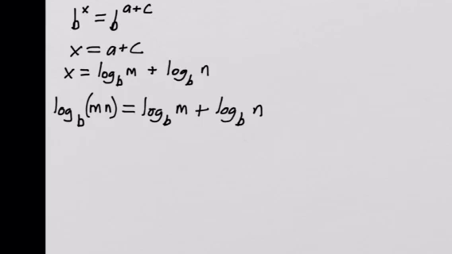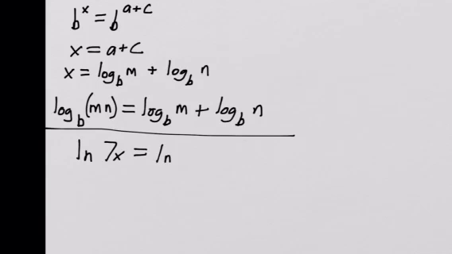And now, of course, we can use that to say, for example, the natural log of 7x is going to equal the natural log of 7 plus the natural log of x. And of course, we could do it the other way if we wanted to as well.